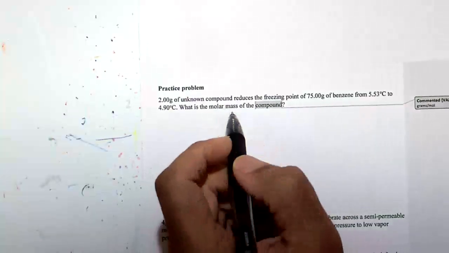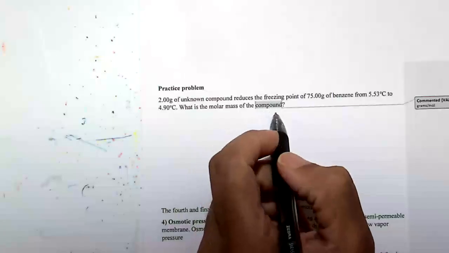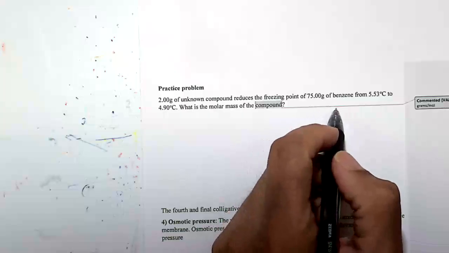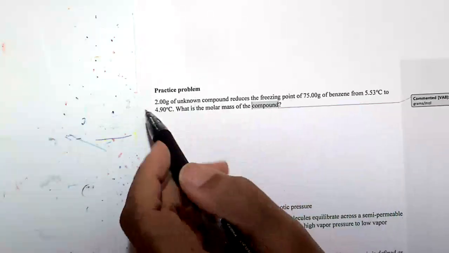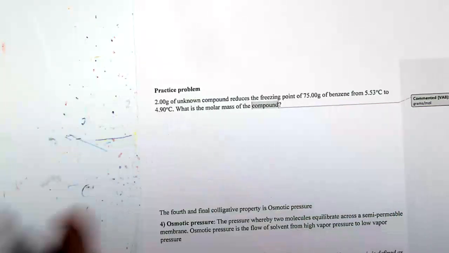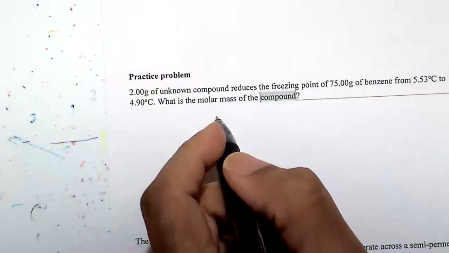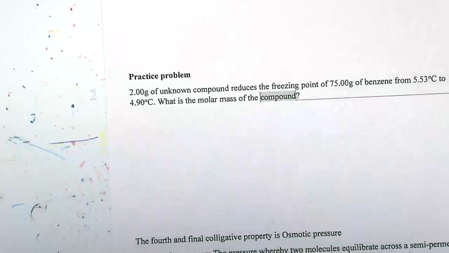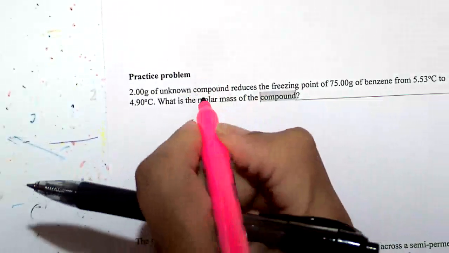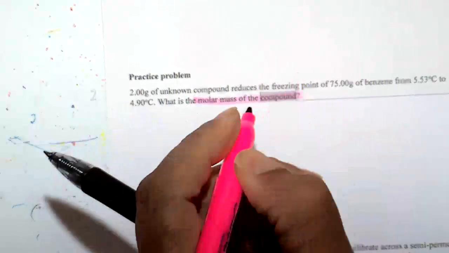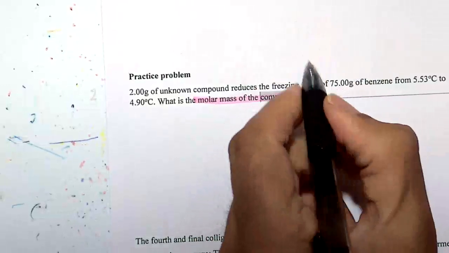So we have 2 grams of an unknown compound that reduces the freezing point of 75 grams of benzene from 5.5 degrees C to 4.90 degrees C. What is the molar mass of the compound? The units of molar mass are grams per mole.